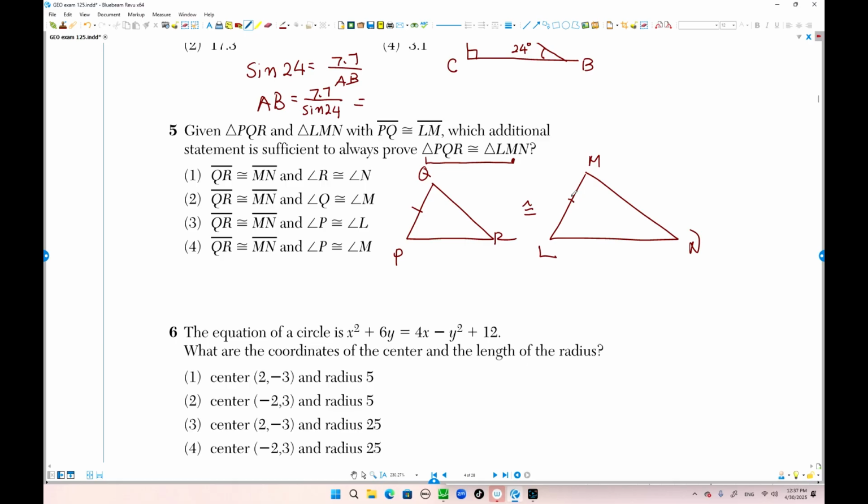Which additional information is sufficient to prove these two triangles are congruent? First one, QR and MN. These two sides are given. If you have two sides already, and the two angles are equal, side-angle-side is okay. Angle Q, angle M, we already have over here, not angle N, right? Side-side-angle is not working.